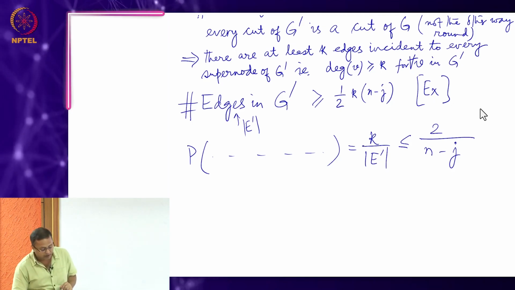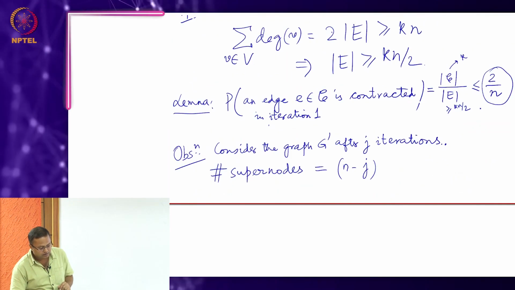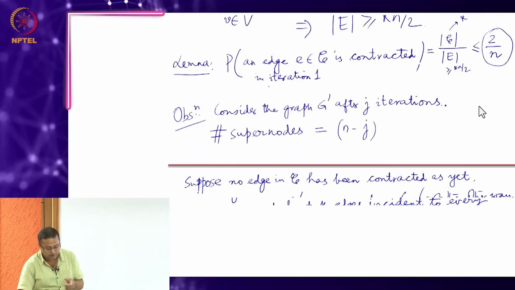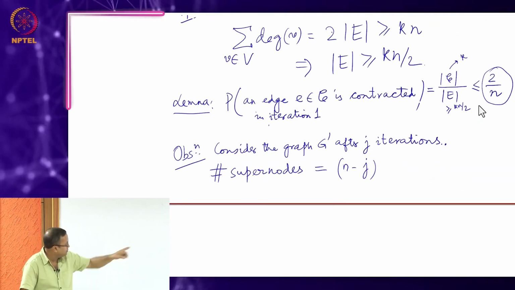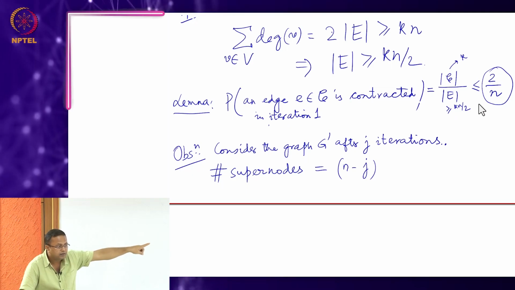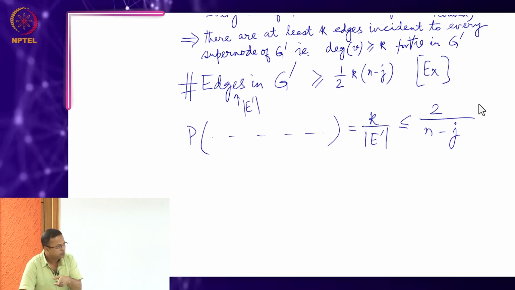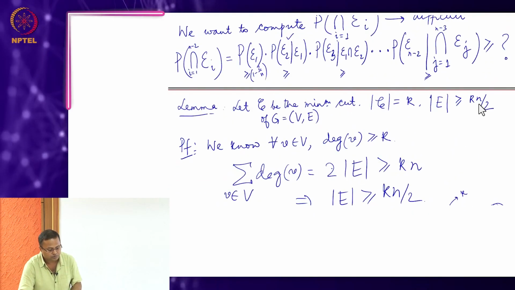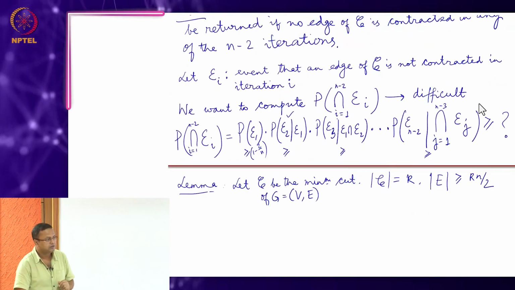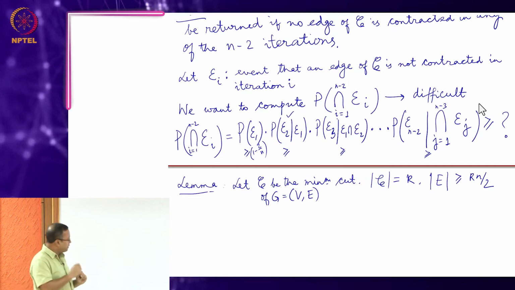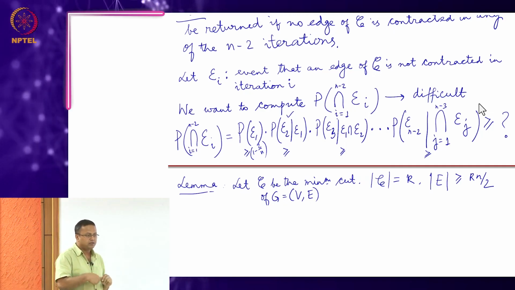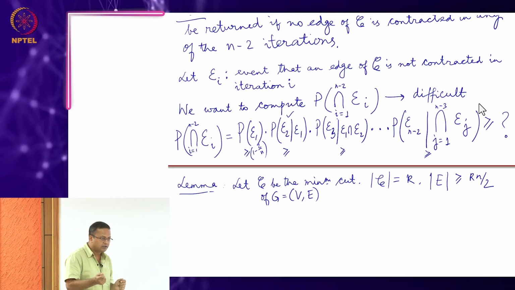So in effect what I have done is, again you see, this was an upper bound 2 by n. For the jth iteration I have got an upper bound of 2 by n minus j. So now if you go back and plug in, for the jth step it would be 1 minus 2 by n minus j, right.